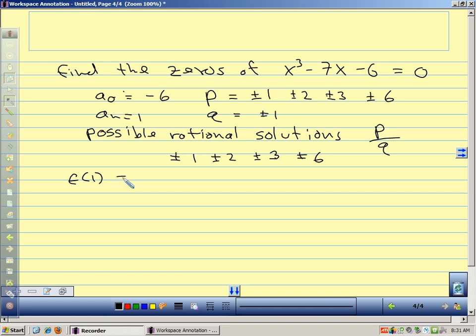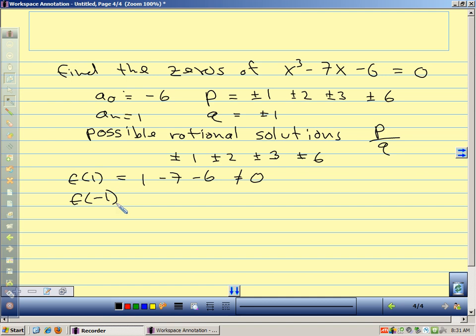If I plug 1 in here, f of 1 is 1 minus 7 minus 6, and that does not equal 0. I'm just going to test it in the function, because 1 and -1 are usually pretty easy to evaluate in a polynomial, as long as we don't have a lot of terms.